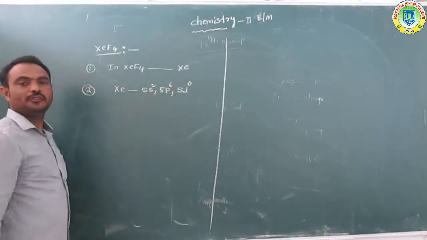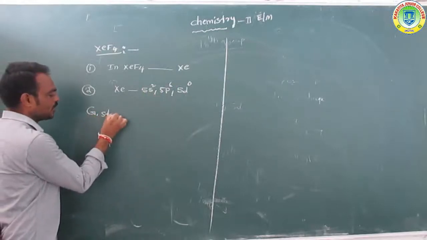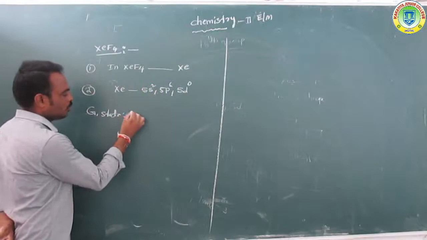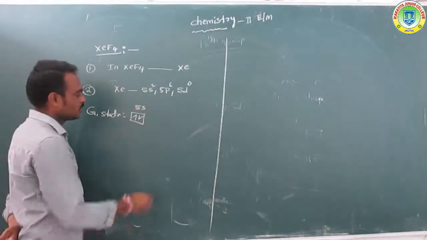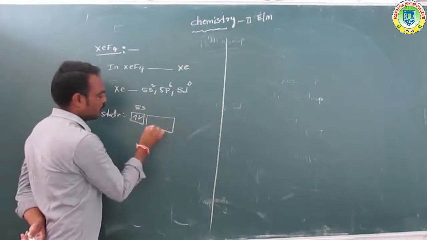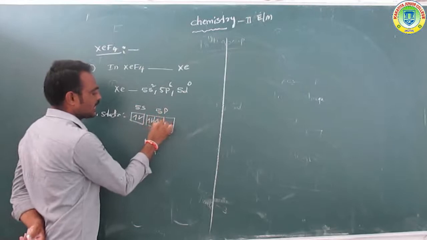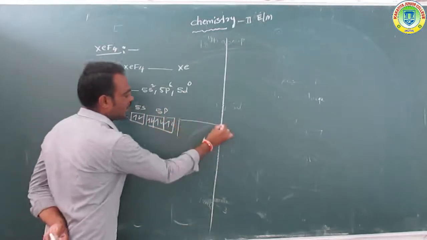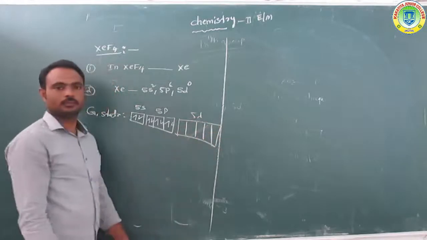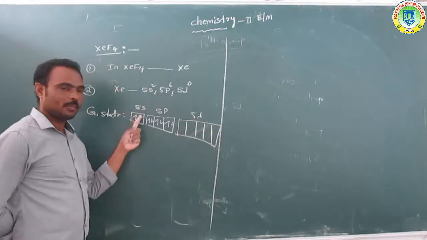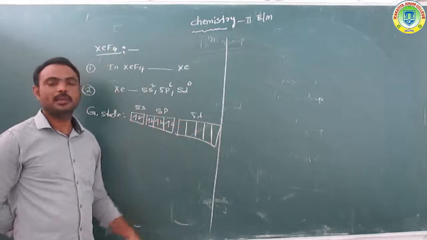What is the ground state electron configuration? 5s orbital 2 electrons, 5p orbital 6 electrons, 5d orbital 0.